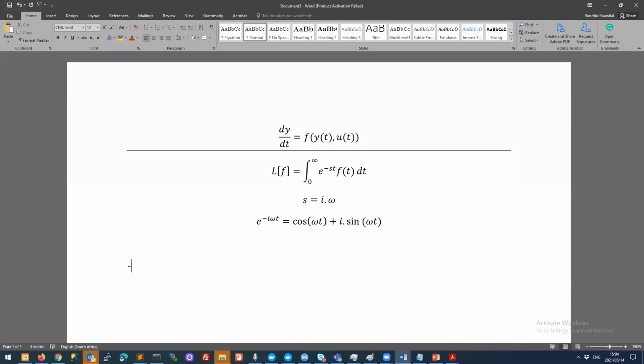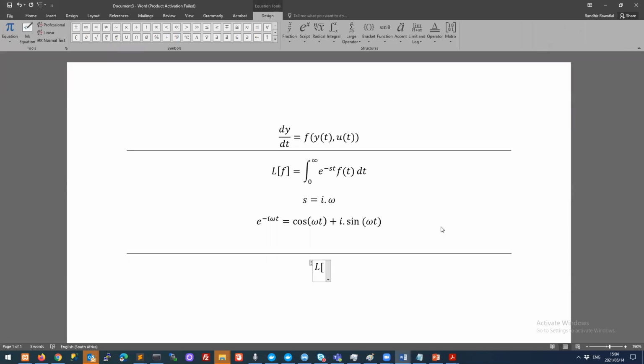So if you take the Laplace transform of a times f plus b times g, and that's going to equal the integral, and I'm not going to show the limits there, of e to the minus st times A times F plus B times G, and then that's going to equal, well, in a way it's kind of obvious here because you can just separate these two, so you can rewrite this as two different integrals.